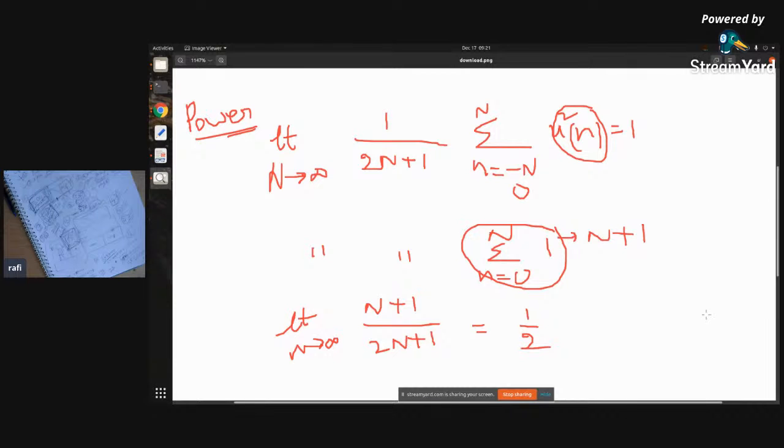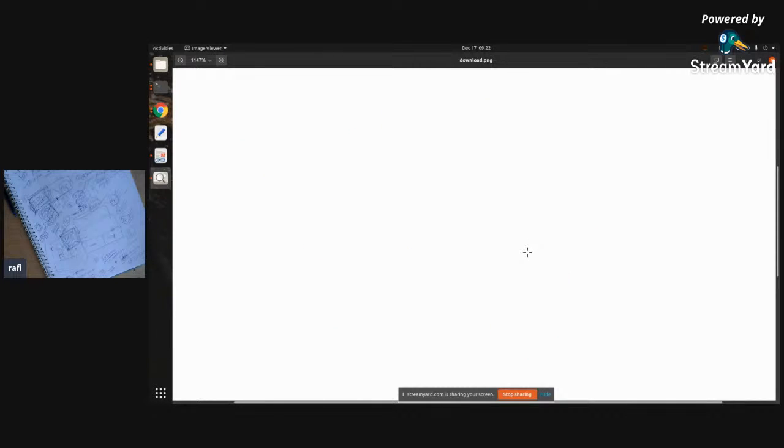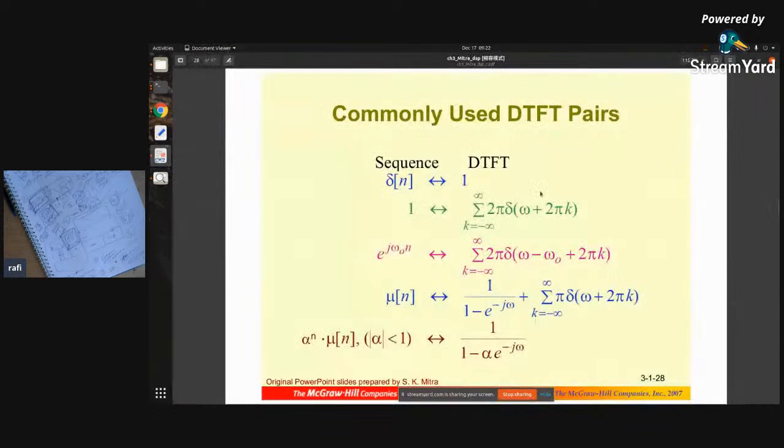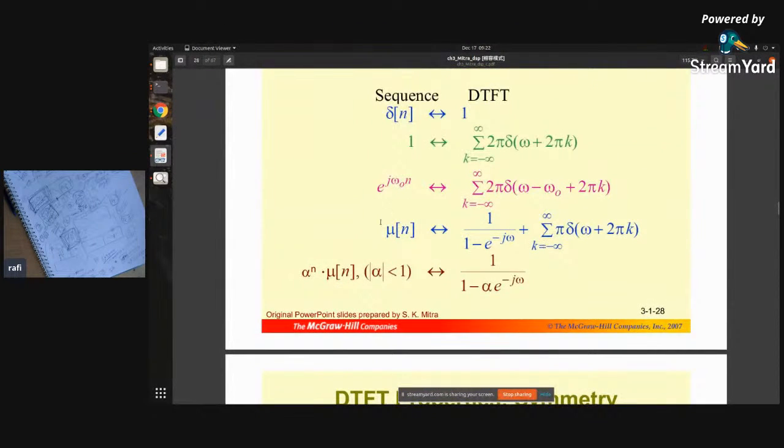So hope it is clear to you. Since we have finite power, it comes under finite power signals, and also there are few sinusoids for which power is finite.